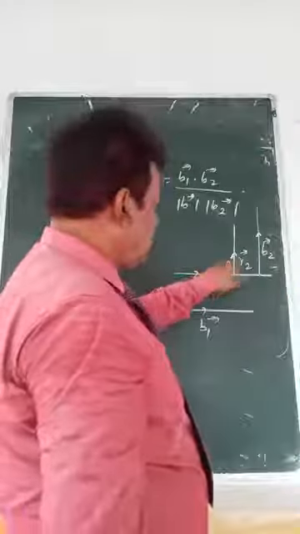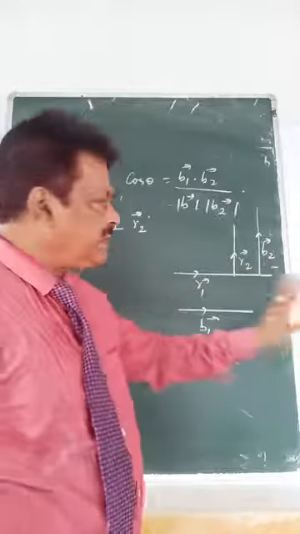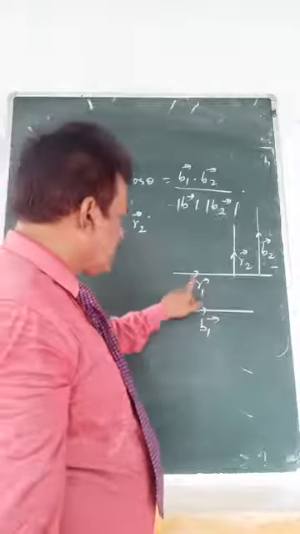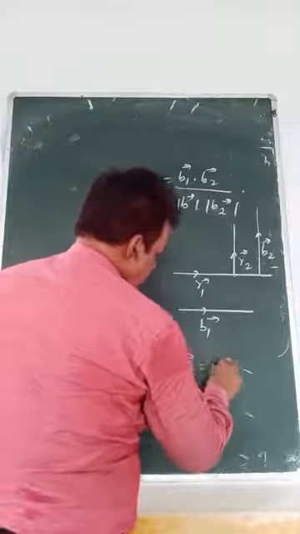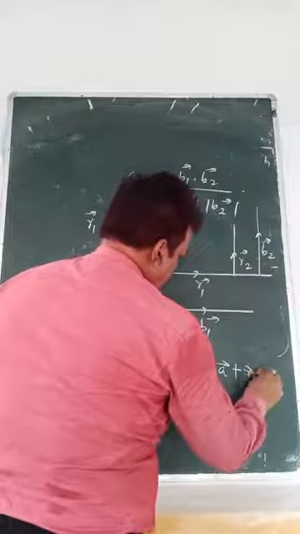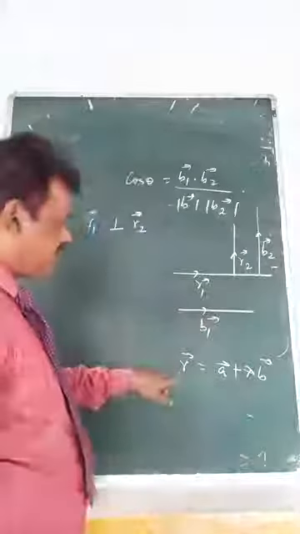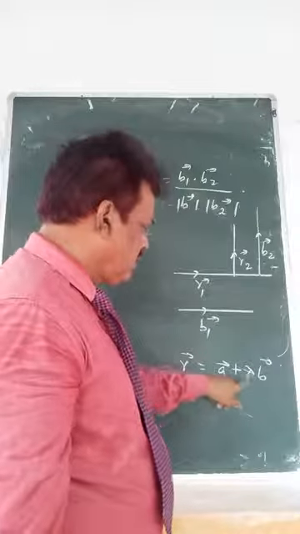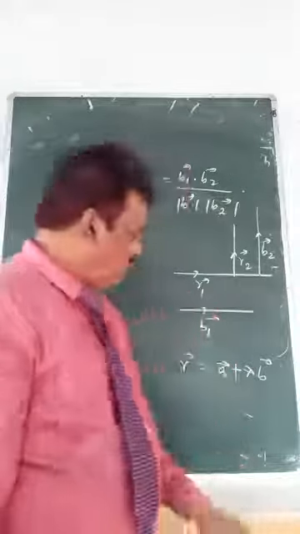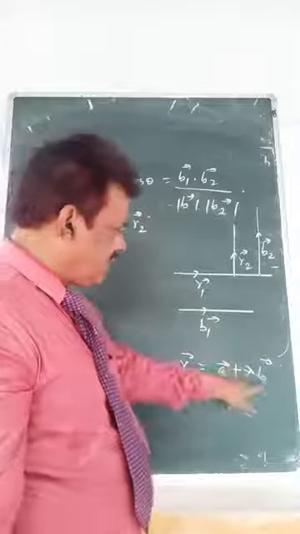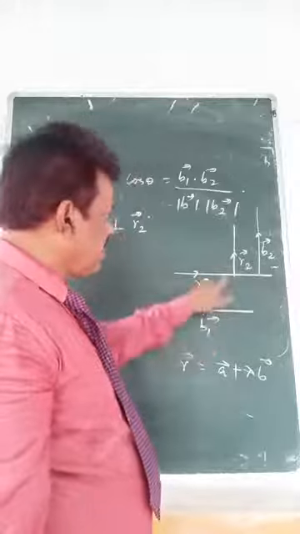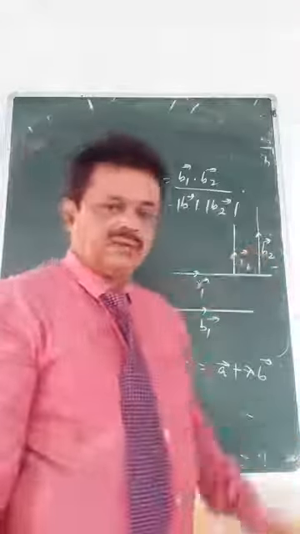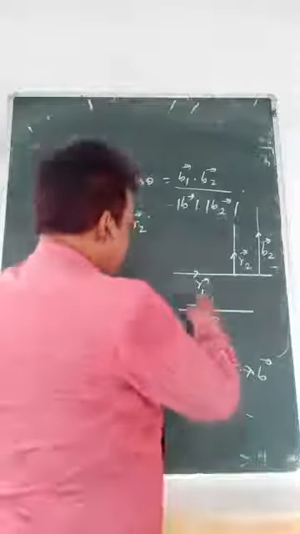This line has a parallel vector, because every time what are you writing? r equals to a plus lambda b. That is equation of a straight line passing through a point parallel to a given vector. So, when you talk about a line, obviously there is a parallel vector. Now, what is the angle between these two lines?